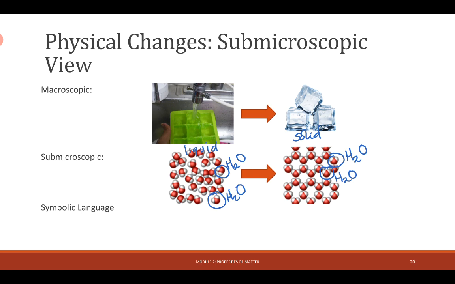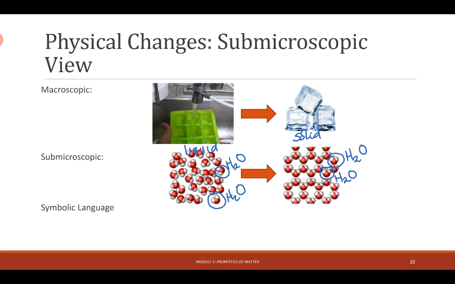So in both cases, it is H2O before the change and H2O after the change. And so this physical change did not change the fact that each molecule is H2O. It just changed how they're arranged to one another.